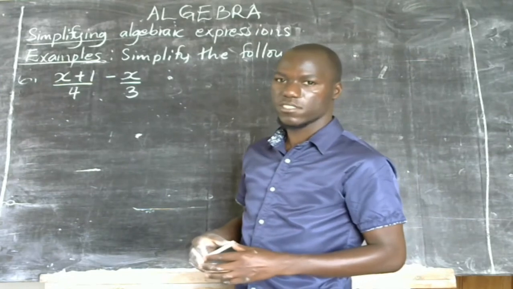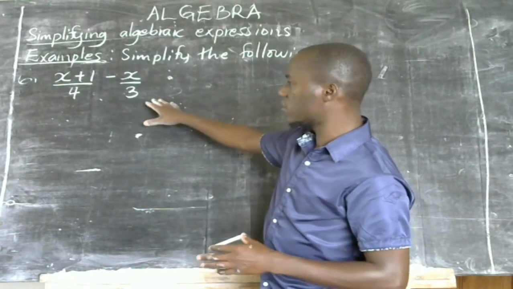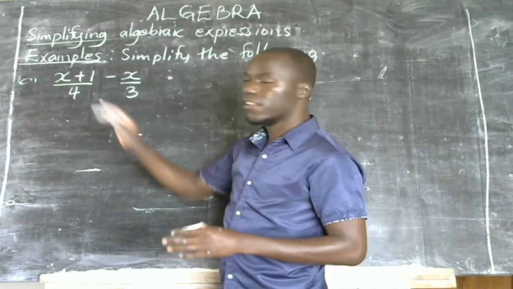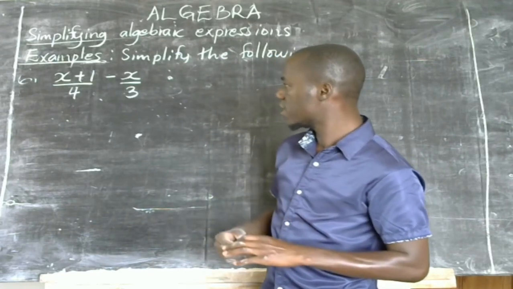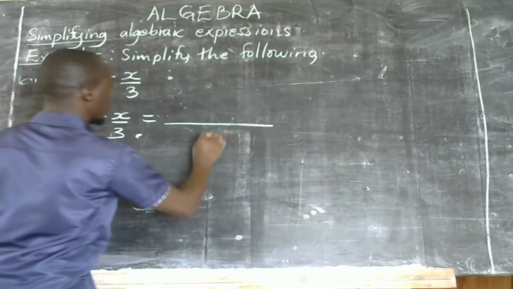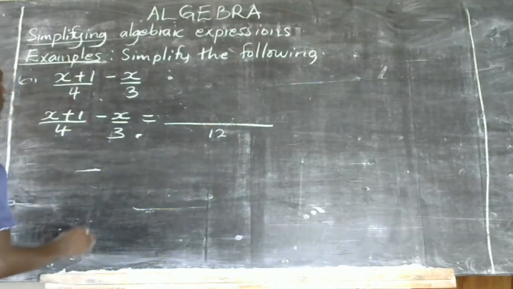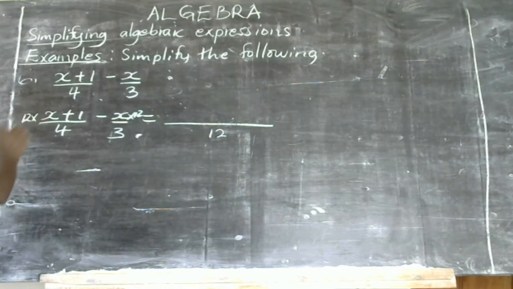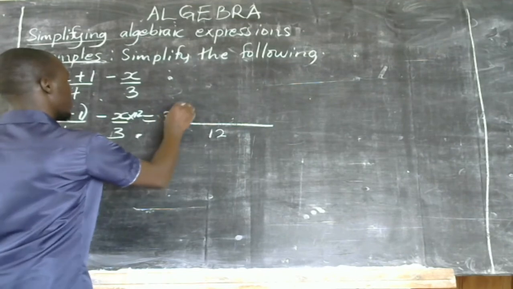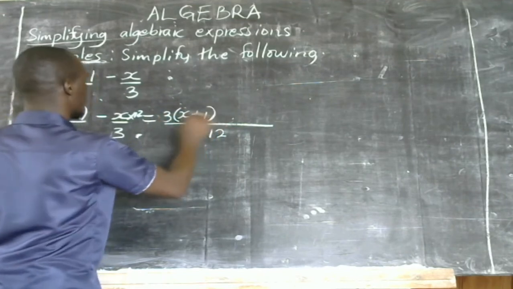My example 6, I still have fractions there. We need to get the LCM of the denominators. The LCM is 12, times 12 there, and even here times 12. But here I'm going to put brackets there. When I simplify, 12 divided by 4, I get a 3. So 3 into x plus 1.